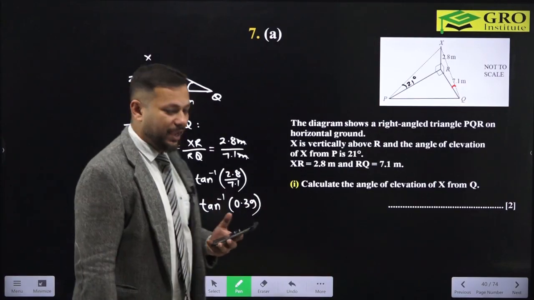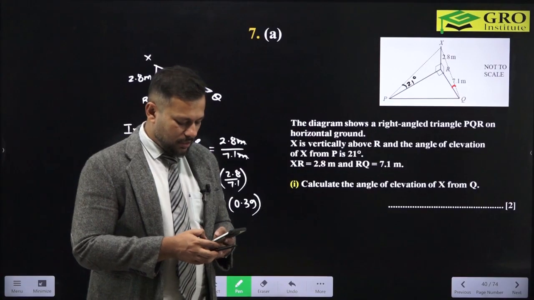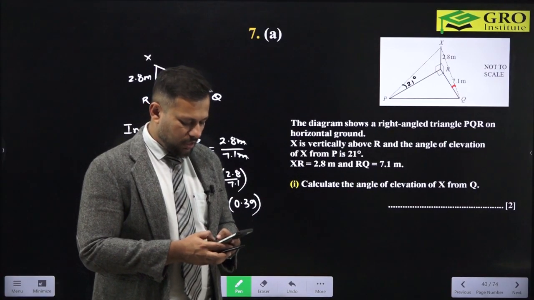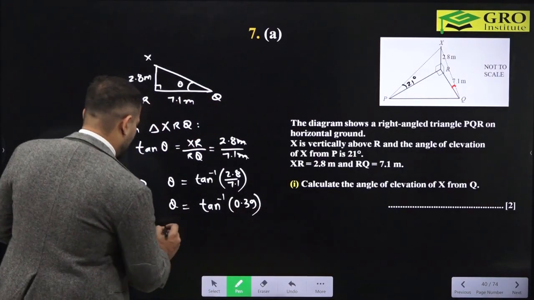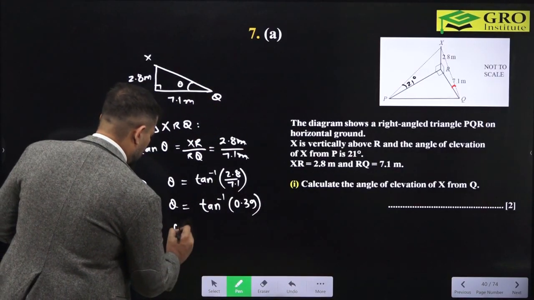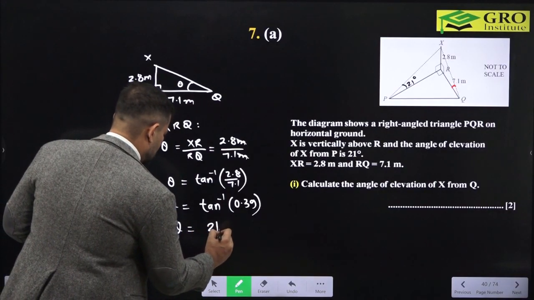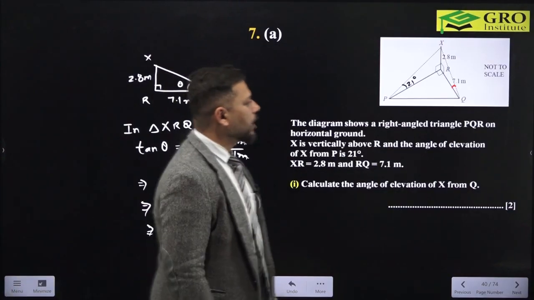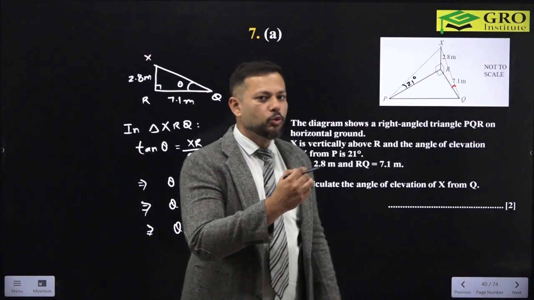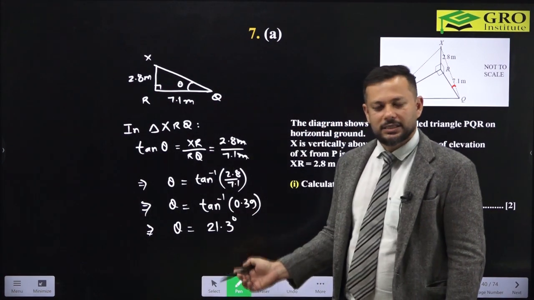So we need to find the tan inverse of 0.39. Let us get it. Tan inverse of 0.39 is 21.3. So we are getting the angle of elevation as 21.3 degrees. So this angle of elevation from Q to X is 21.3 degrees that we have got.